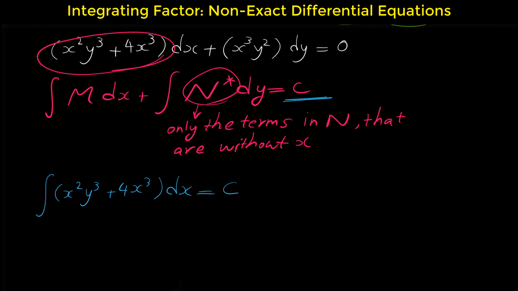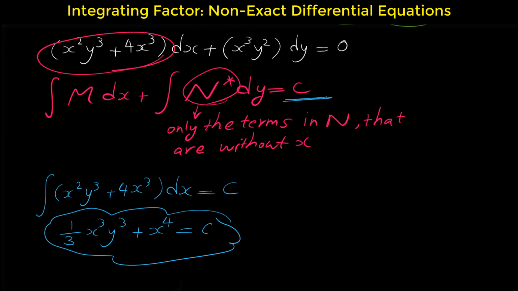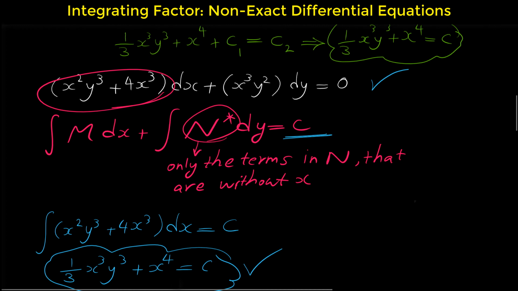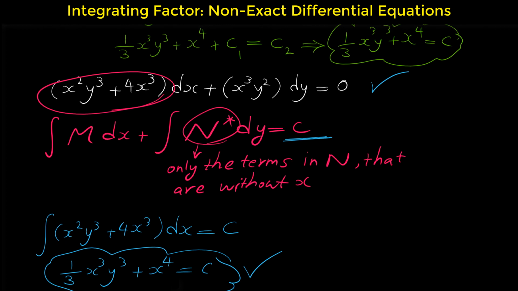Integral of x to the 2 y to the 3 with respect to x is 1/3 x to the 3 y to the 3. Integral of 4x to the 3 is x to the 4 equals c, and this is the solution of this exact differential equation. If you compare this answer with the answer we got here, you can see that these two answers are the same.